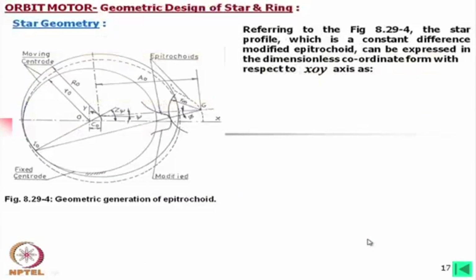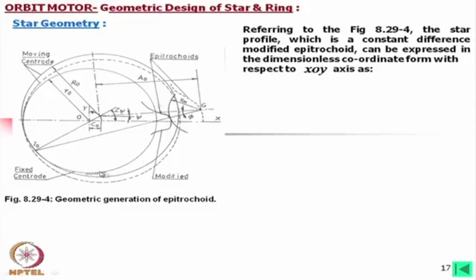Now, how to design such a star and ring? In that case, again we consider that this is the describing circle of the outer member, and this is the describing circle of the inner member. What we are trying to do is generate the lobes, or the gear profiles.